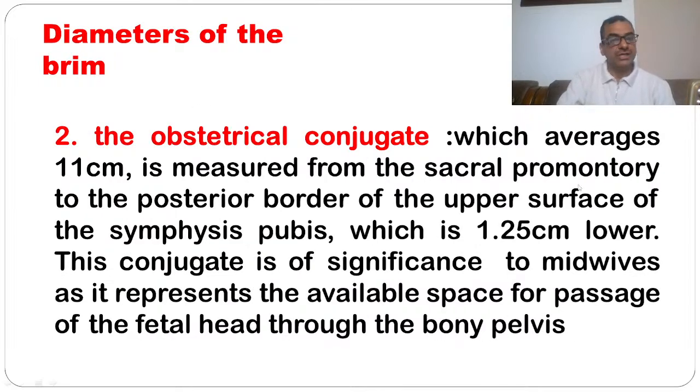Then there is the obstetric conjugate, which averages 11 centimeters and is measured from the sacral promontory to the posterior border of the upper surface of symphysis pubis, which is 1.2 centimeters lower. This conjugate is of significance to midwives because it represents the available space for passage of the fetal head through the bony pelvis.